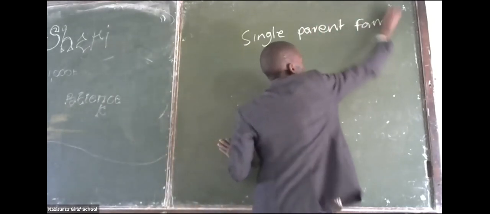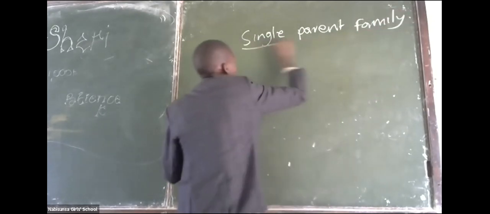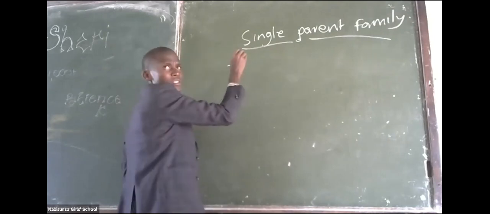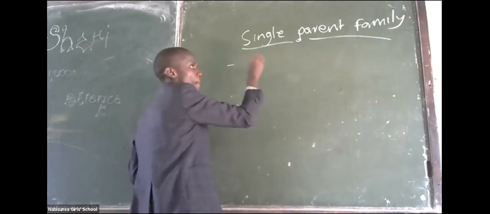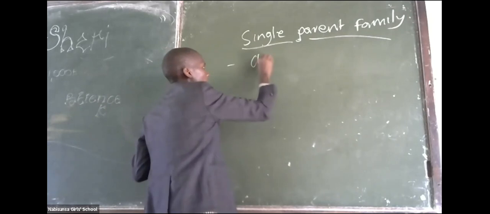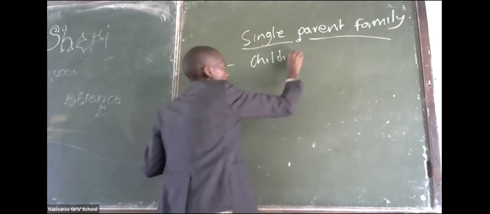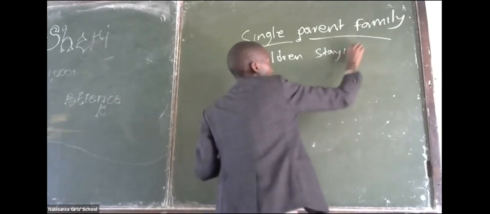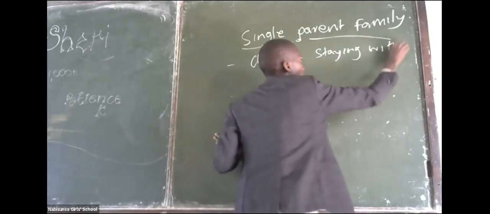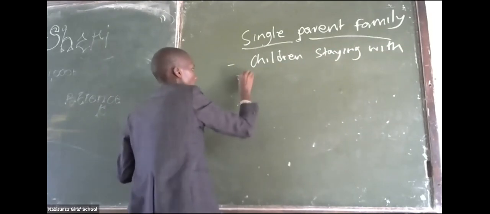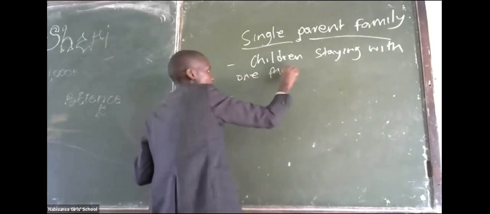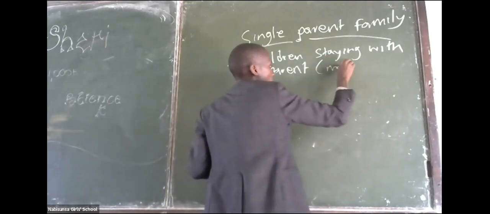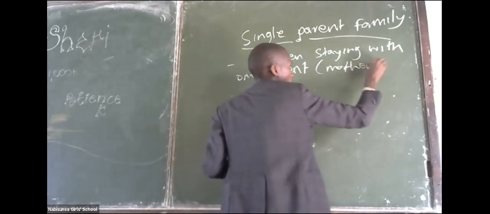It is too common nowadays in Uganda. We want to know why. Your definition is: this is the type of family where you find children staying with one parent. It can be a mother or father.